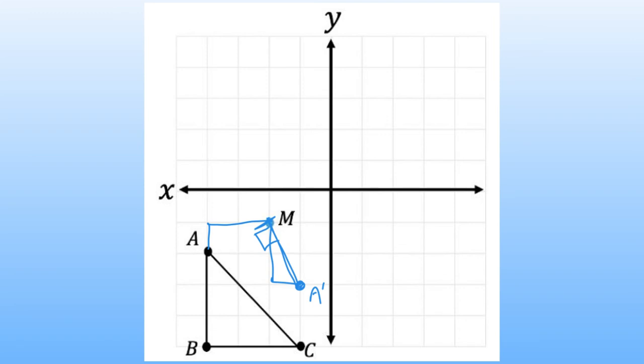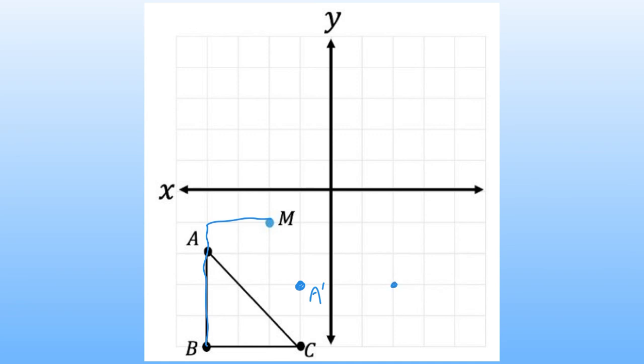Cool. So now let's look at the other ones here. Get rid of that. Okay, if we go with B next, to get to B, it's up 4 over 2. So it's like a slope of 2. What we want now is a slope of negative 1/2. We go down 2 and then over 4.